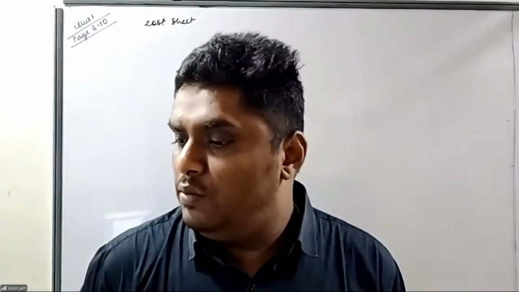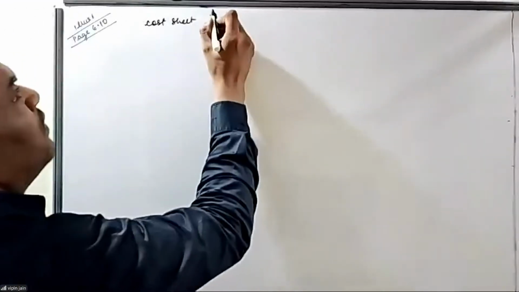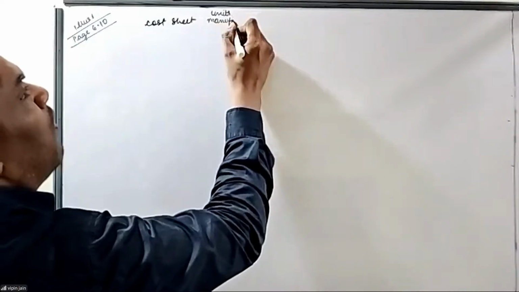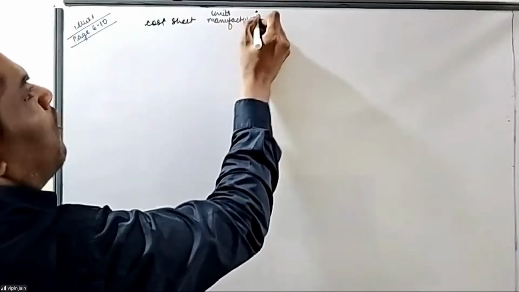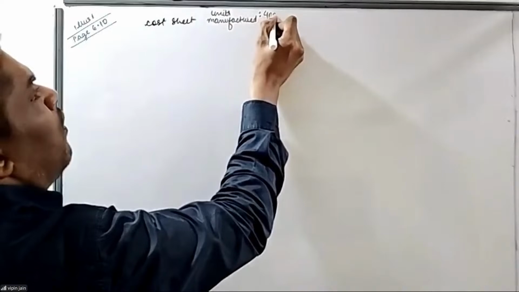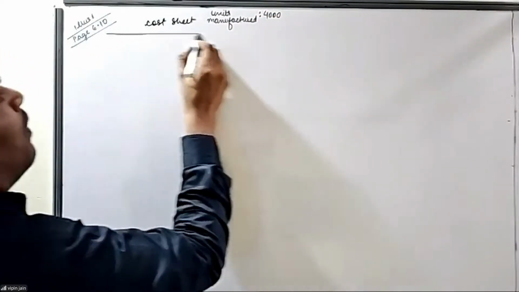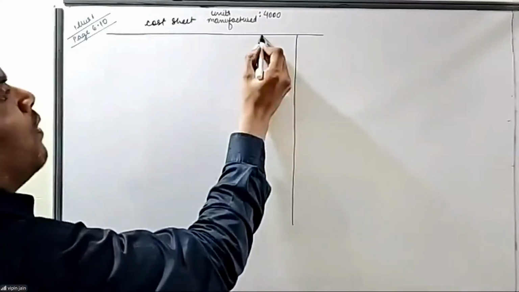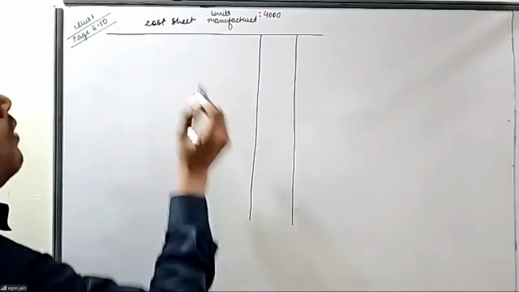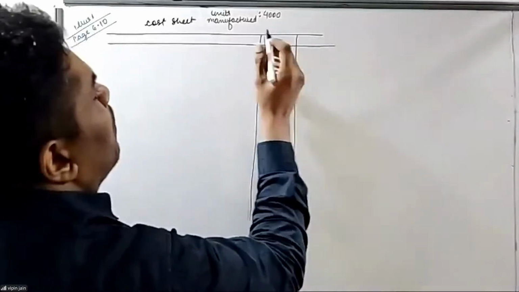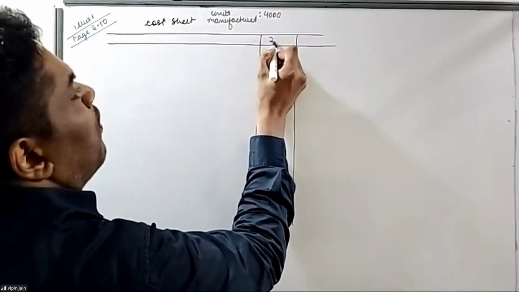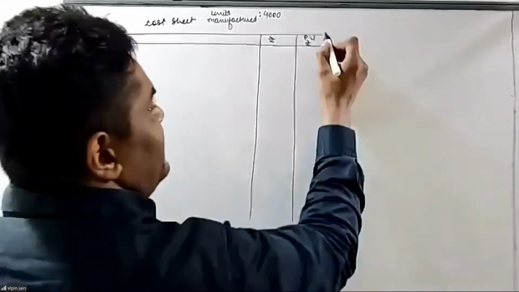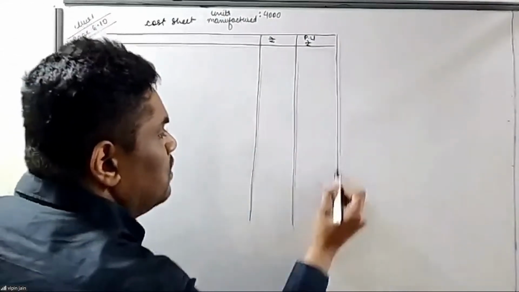Units manufactured are how much? 4,000. Here the question is asking us to calculate the unit cost also.